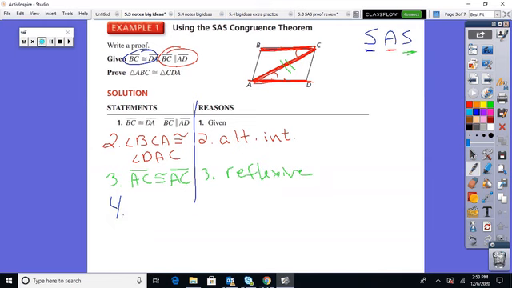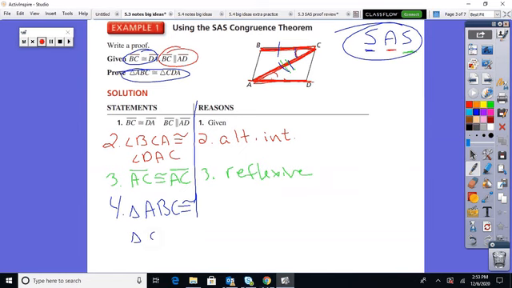Now once we have enough to say side, angle, side, we can get sassy with this thing. Then we can say that the two triangles are congruent. So just list them as they did: triangle ABC congruent to triangle CDA, and SAS is the reason why the triangles are congruent.